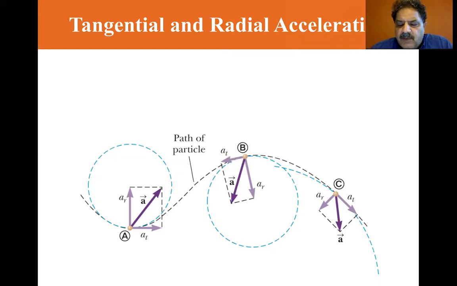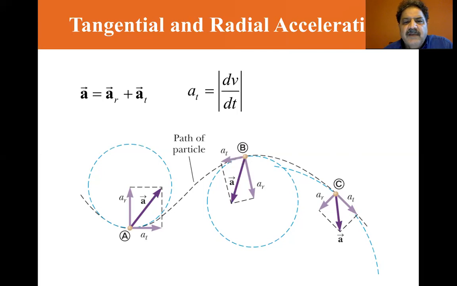So the total acceleration vector A is written as a vector sum of the components: acceleration is equal to the radial acceleration plus the tangential acceleration. The tangential acceleration component causes a change in speed v of the particle, the component parallel to the instantaneous velocity. Its magnitude is given by A_T = dv/dt, just what we're used to seeing.